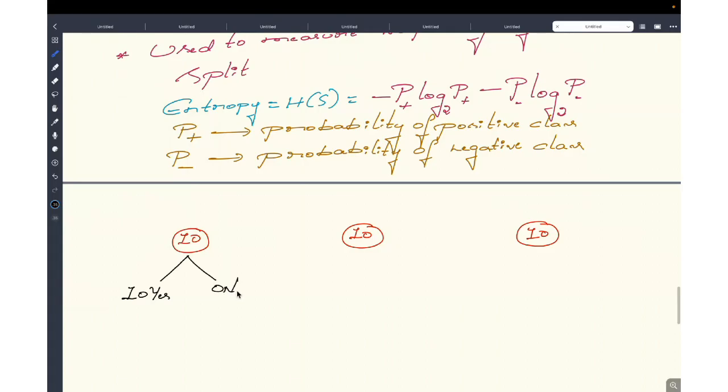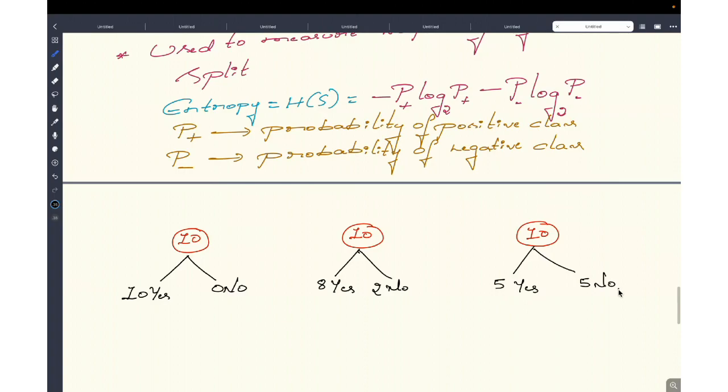You're planning a trip among 10 people, and all 10 say yes. Second case, 8 people say yes, 2 people say no. What if 5 people say yes and 5 people say no?